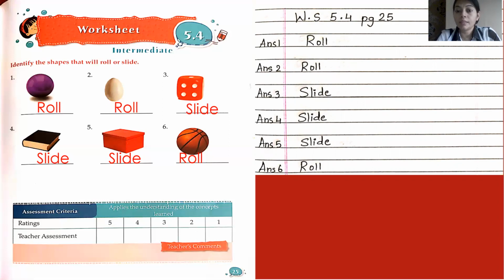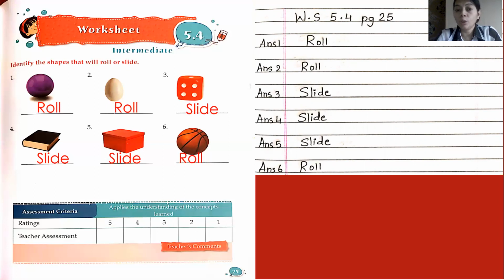The first answer is roll. So you are going to write outside the margin ANS number 1. Inside the margin write the answer roll, ROLL. Then leave one line and write answer 2.